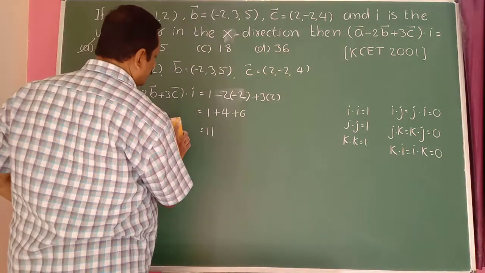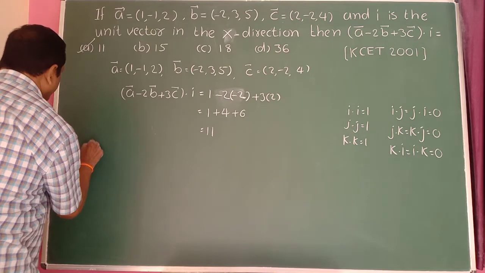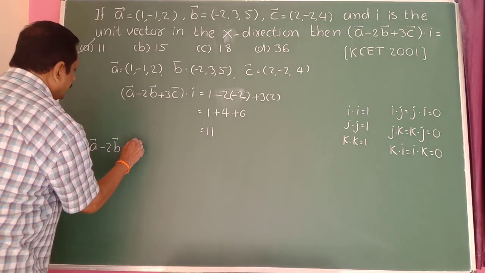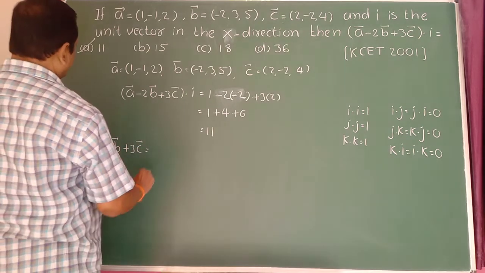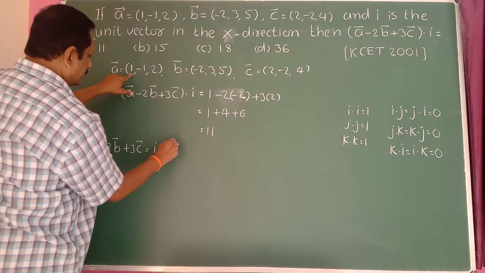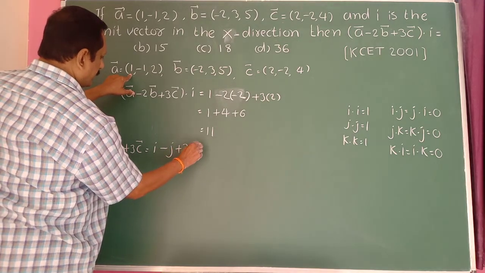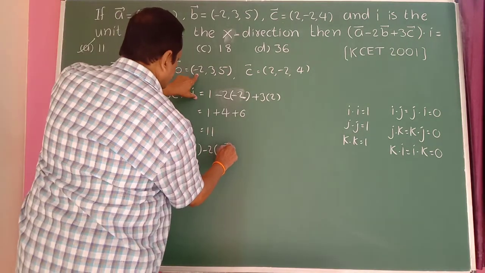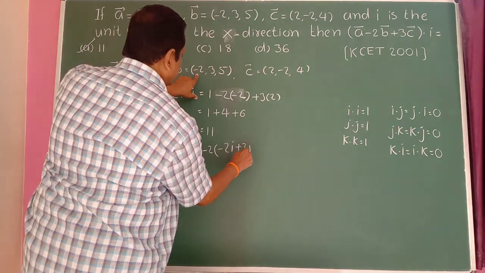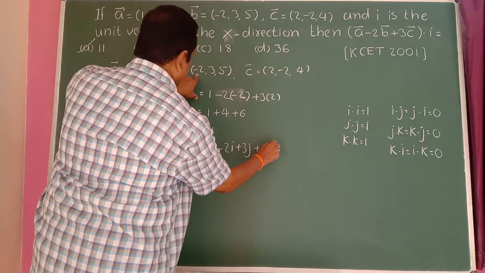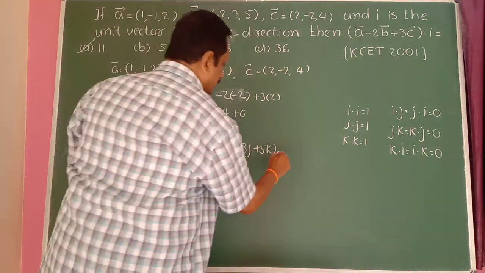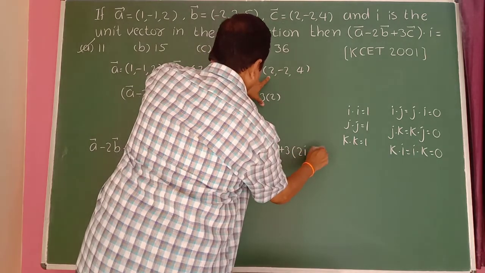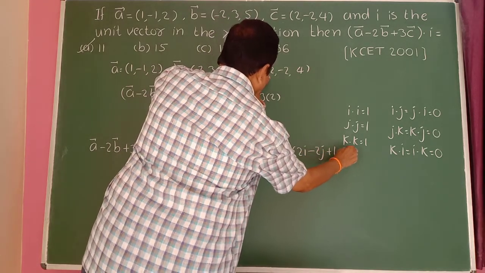Actually, you have to write it like this. A bar minus 2 B bar plus 3 into the vector C bar is equal to A bar, which is i minus j plus 2k, minus 2 into B bar, which is minus of 2i plus 3j plus 5k, then 3 into C bar, which is 2i minus 2j plus 4k.